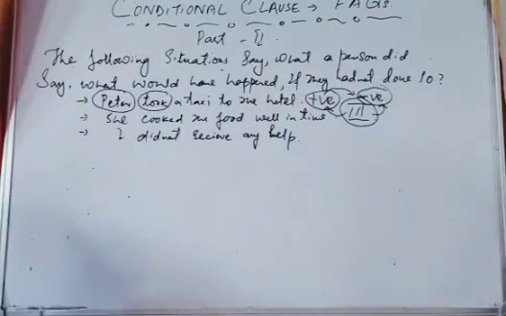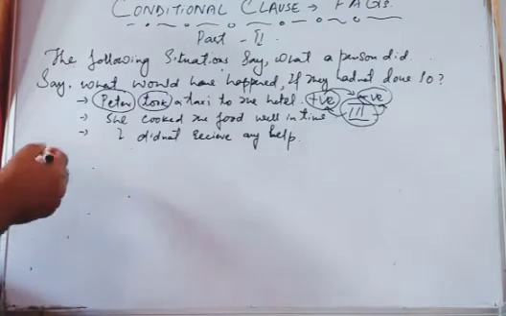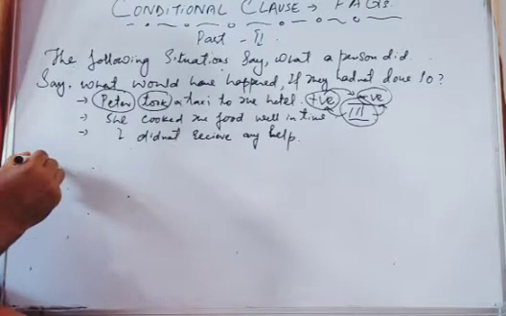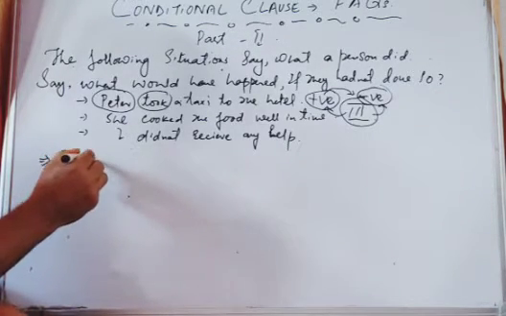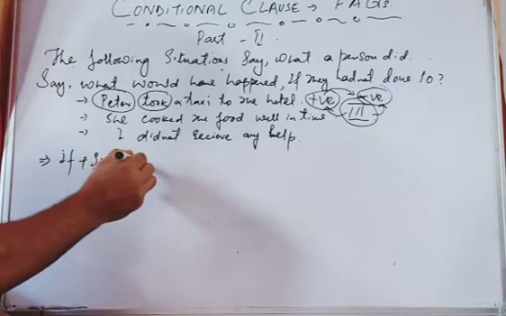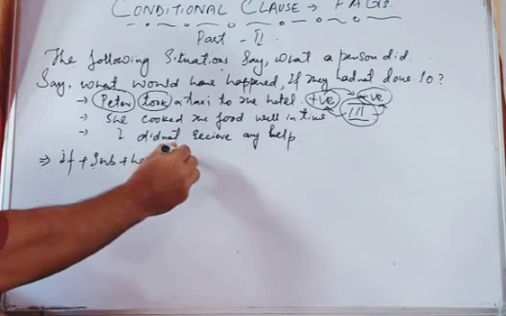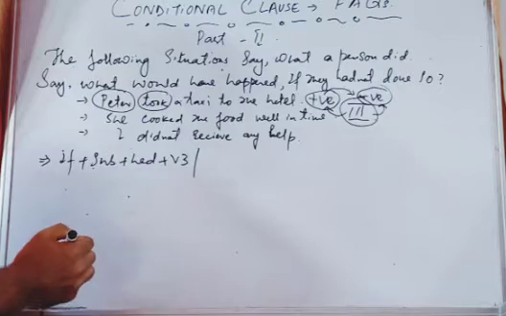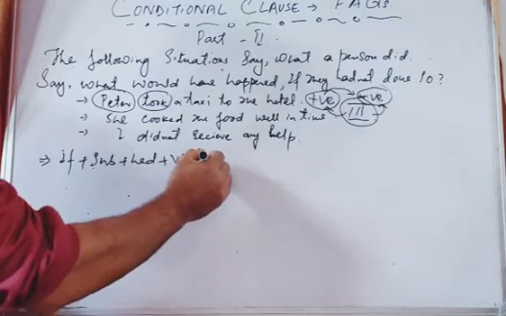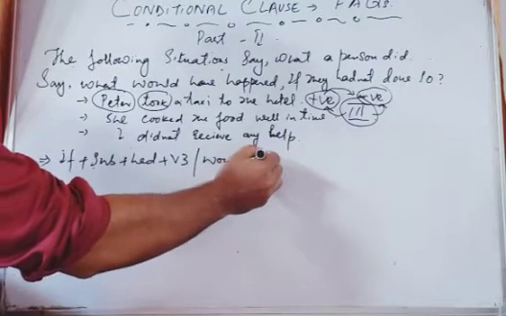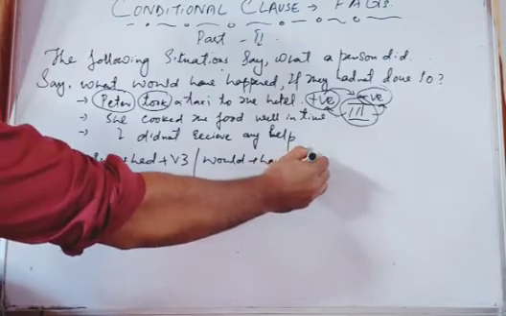Okay, let me write here the formula for type third. It is if plus subject plus had plus v3. This is the if clause, and in the main clause we use would plus have plus v3.